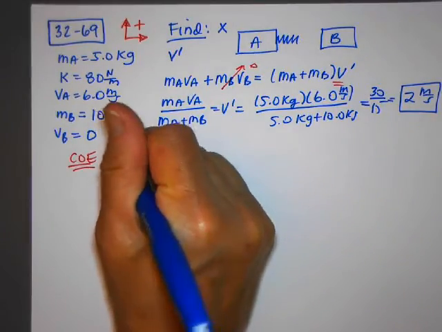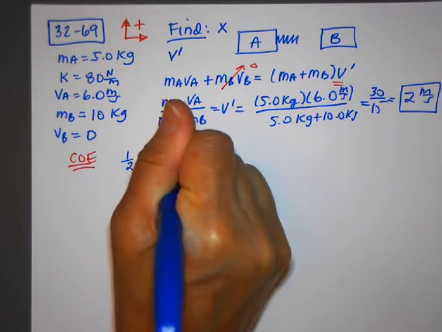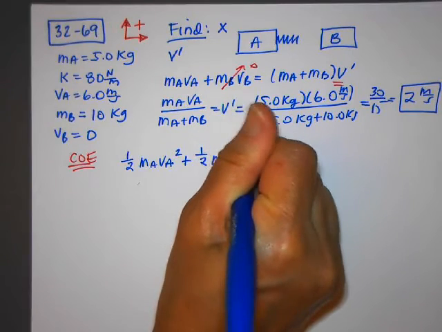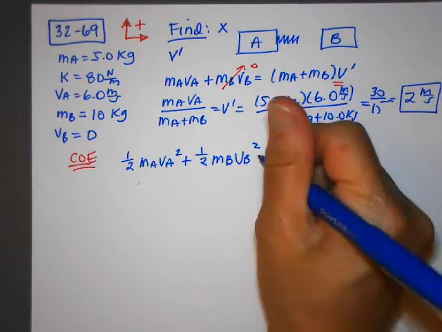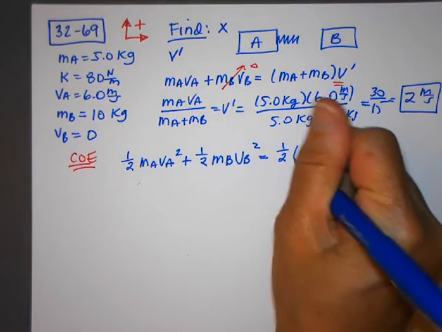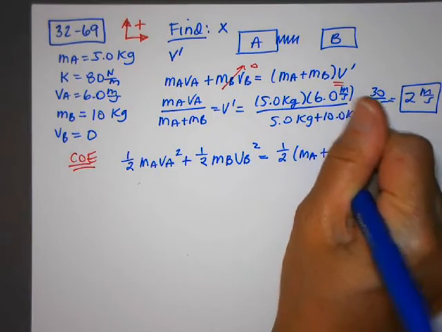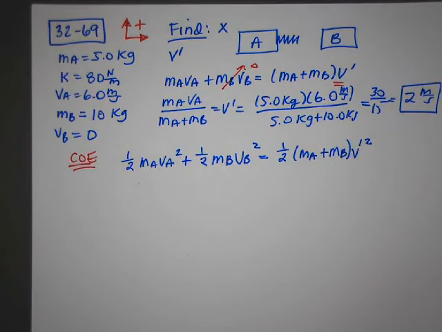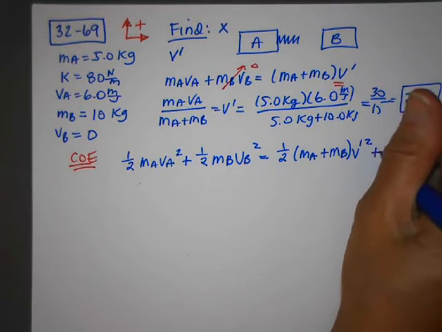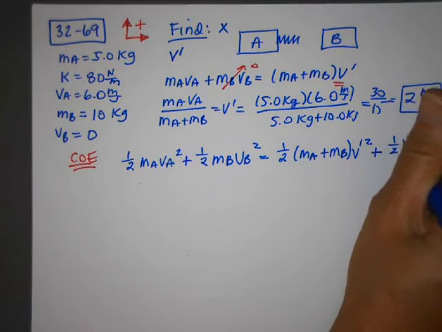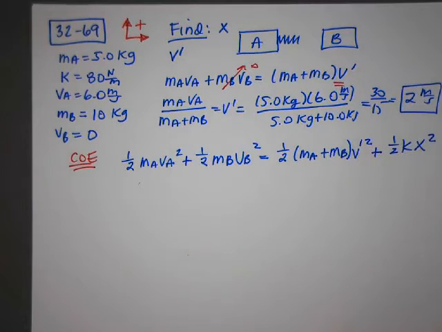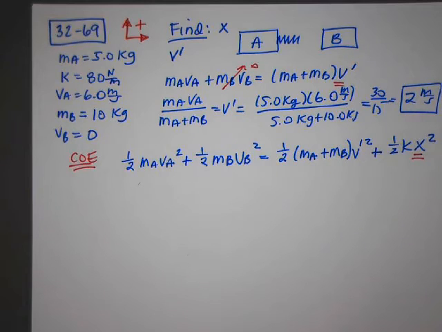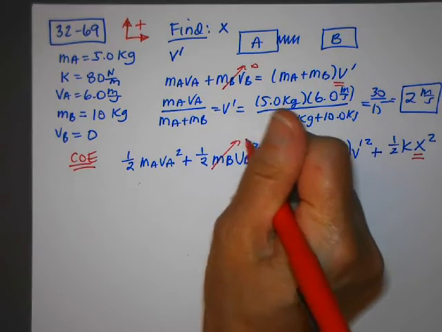So I'm going to say 1/2 MAVA squared plus 1/2 MBVB squared is equal to 1/2 (MA plus MB) V prime squared, and then here's the key. We have the energy 1/2 kx squared, the potential energy in the spring. So we're solving for that x. Now let's get rid of this because that's 0.